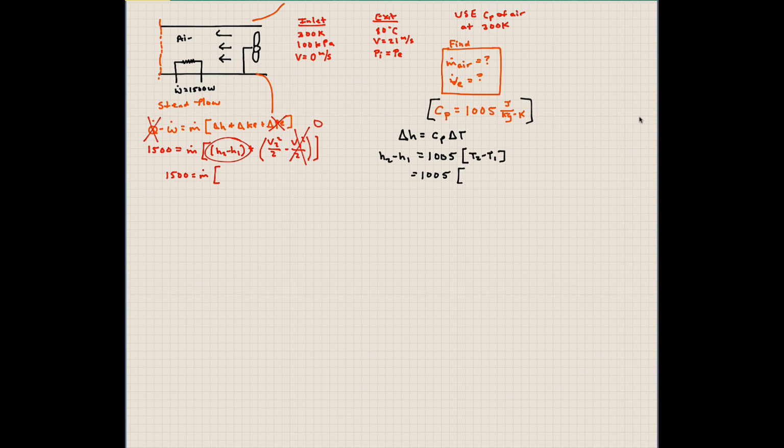And then T2, the temperature at the exit, is going to be 80. We can express it in terms of Celsius or Kelvin as long as we're consistent. I'll just use Celsius. 80 minus the inlet temperature, 27.